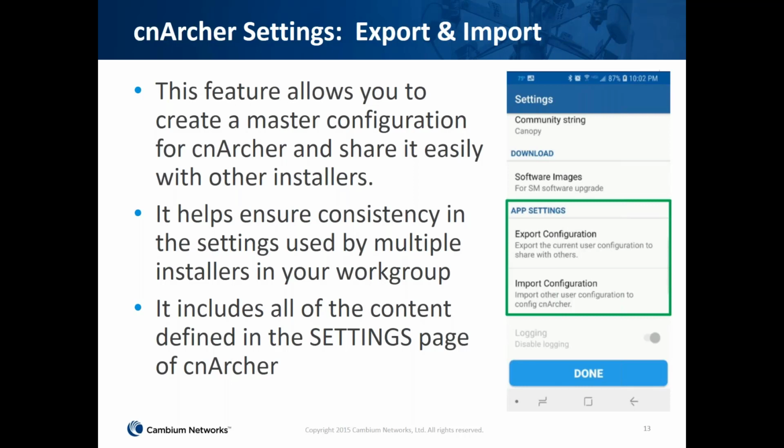So rather than having each installer enter all of these by hand, we've created a feature where you can export your cnArcher settings, and you can import them into your colleague's cnArcher app.